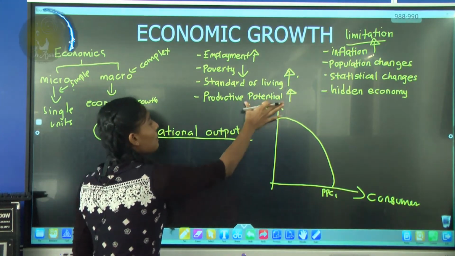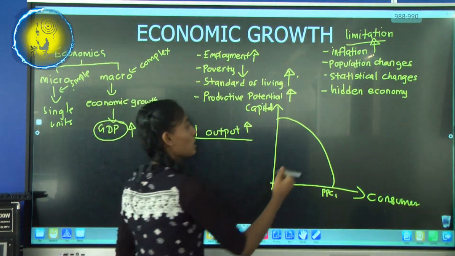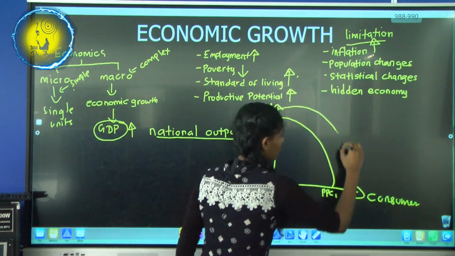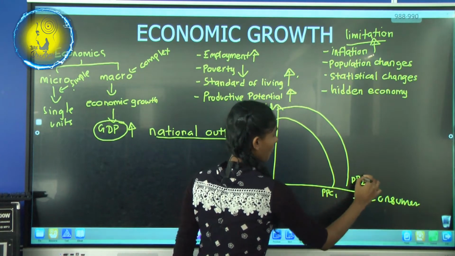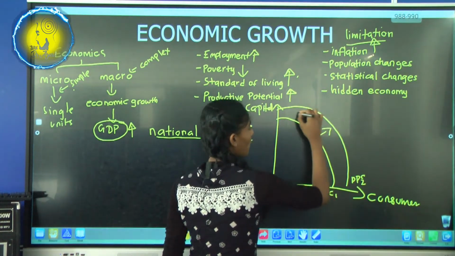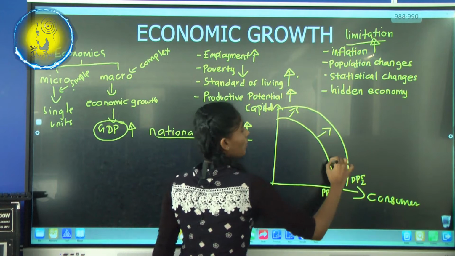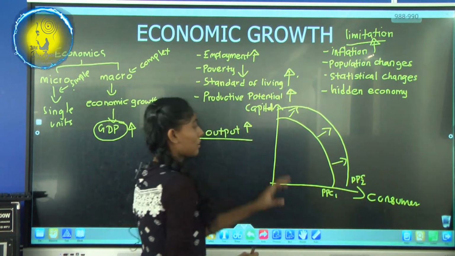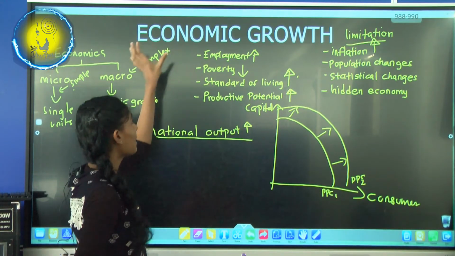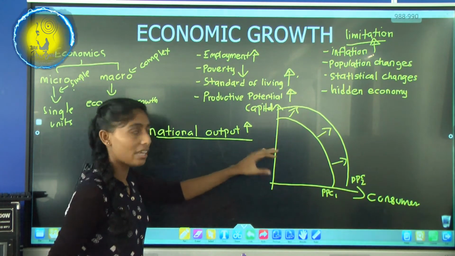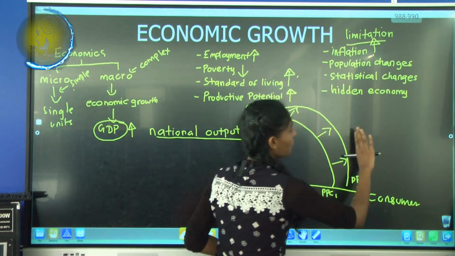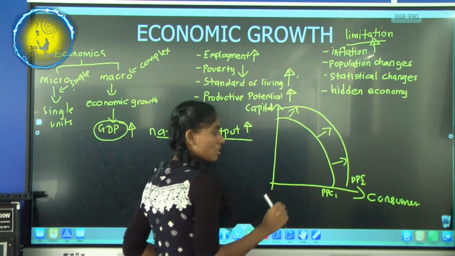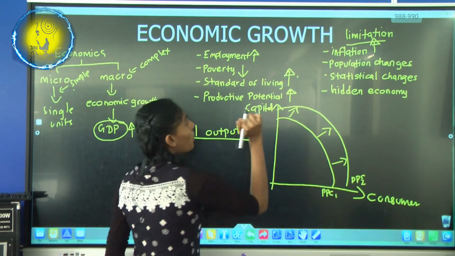And our productive potential is increasing, which means we show it as a shift to the right side. This is how we depict economic growth in a PPC. If there is economic growth, our PPC will always be shifting rightwards.